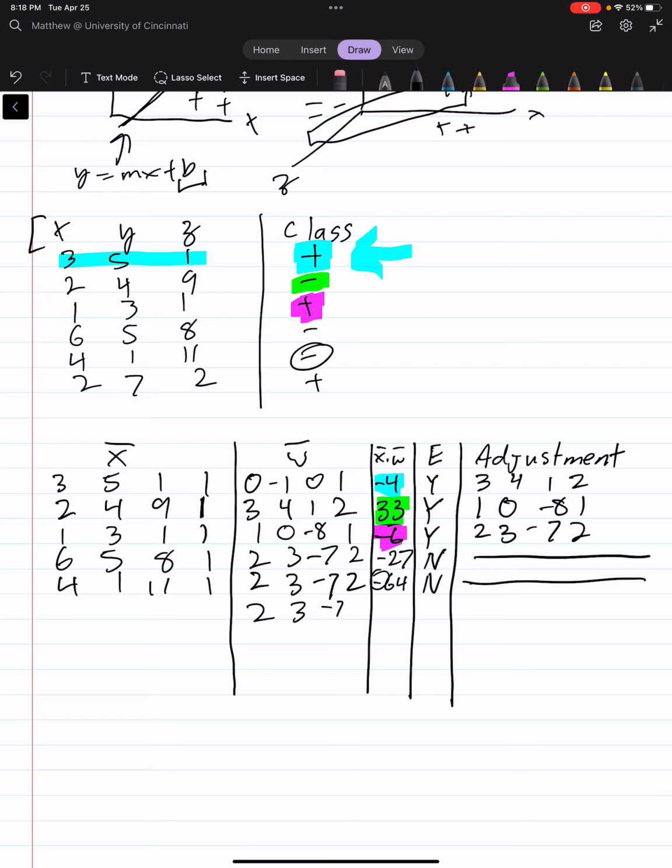We're going to copy 2, 3, -7, 2. And then the last vector, 2, 7, 2, and 1. We take that dot product, and that gives us 13, which is good because we wanted a positive on this last one. So is there error? There's not an error. We don't have to make an adjustment.